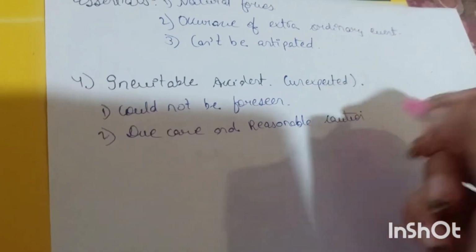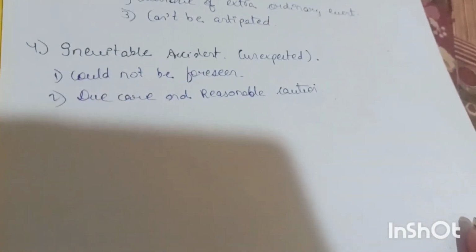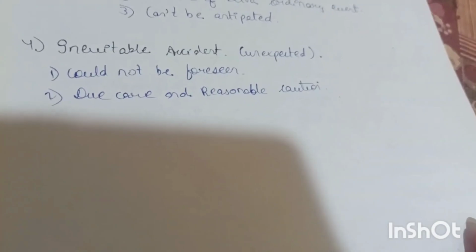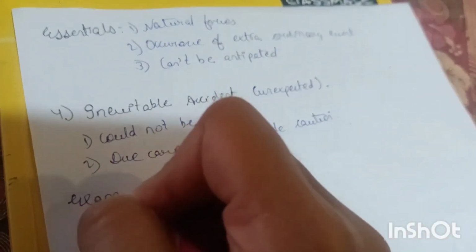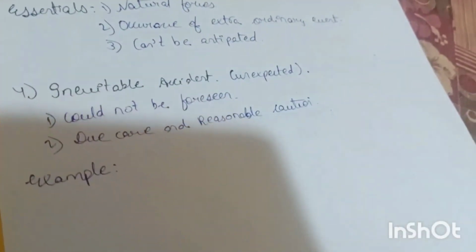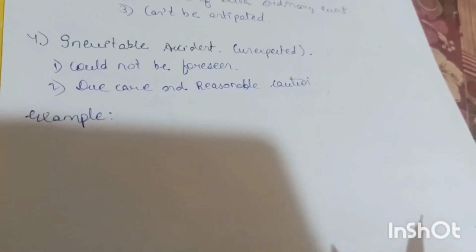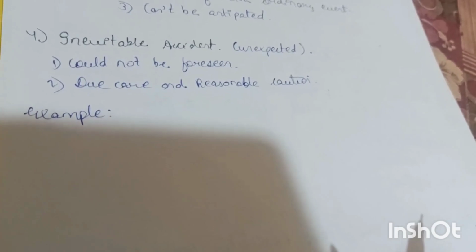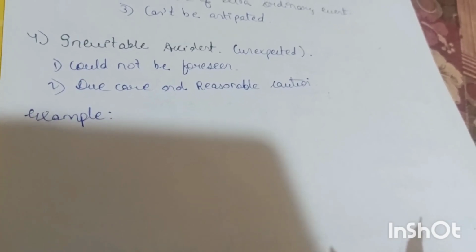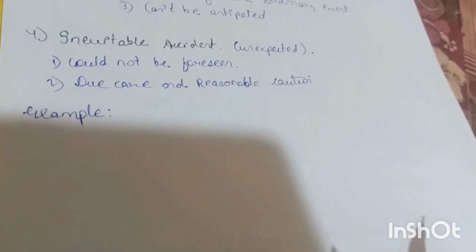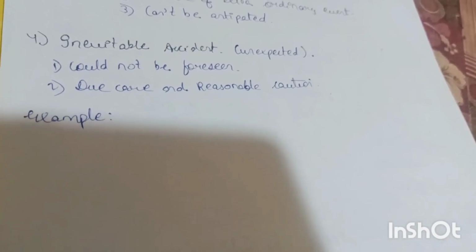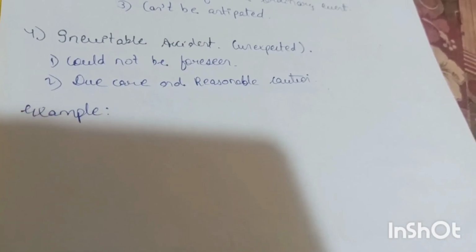So in this case what happens is that you did not know beforehand that this event is going to happen. So let's take an example. What happens is that there was a medical emergency, and while driving the tree fell due to the heavy storm. So the car went skidding on the black ice, and due to which the person could not see. So this was unexpected, because we did not know beforehand that this is going to happen.